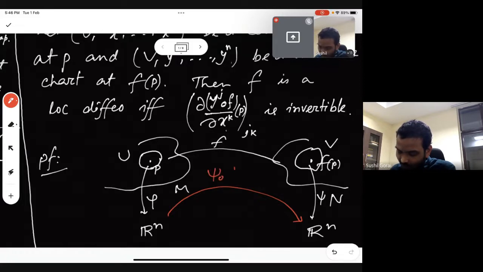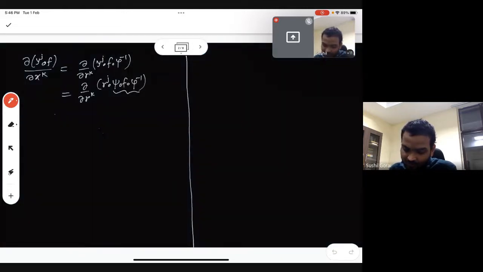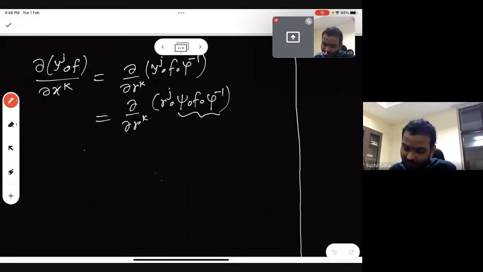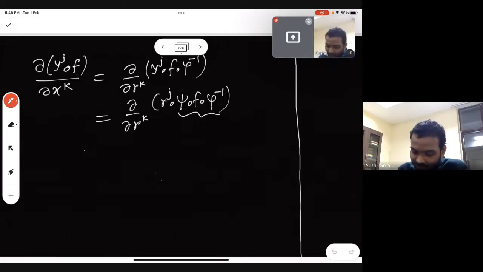Psi compose f compose phi inverse. Right. So we are looking at the jth component of that map. Right. So that means this matrix is invertible.